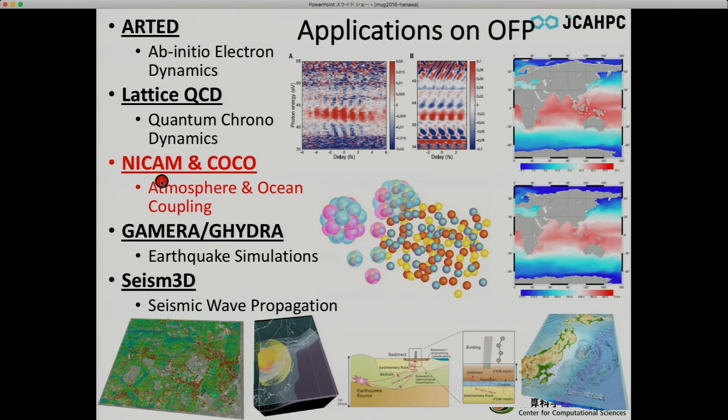ALTED is an ab initio electron dynamics simulation, and Lattice QCD is also one of the University of Tsukuba's very traditional applications, a quantum chromodynamics simulation. NICAM and COCO are atmosphere and ocean coupling simulations. GAMERA, Godzilla, and Seism3D are earthquake simulations. As you know, Japan has many huge earthquakes, so this kind of simulation is very important.